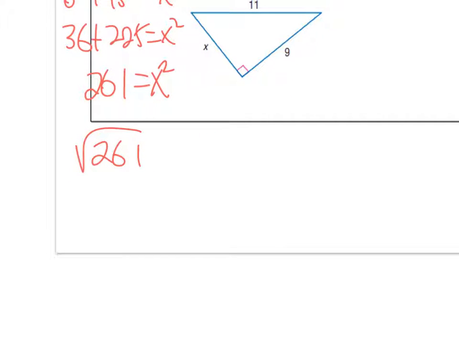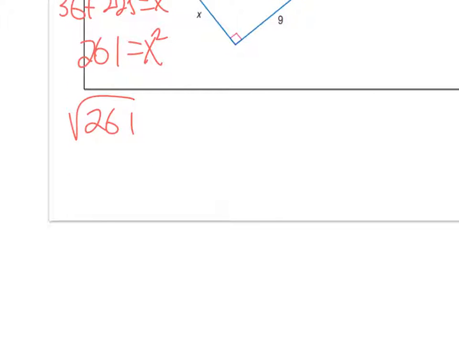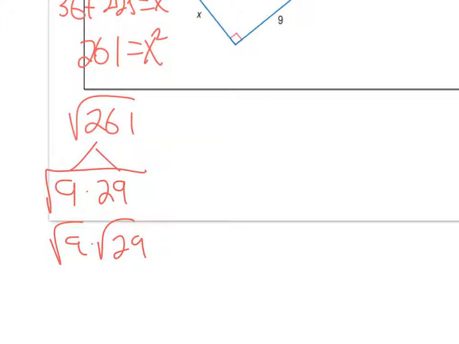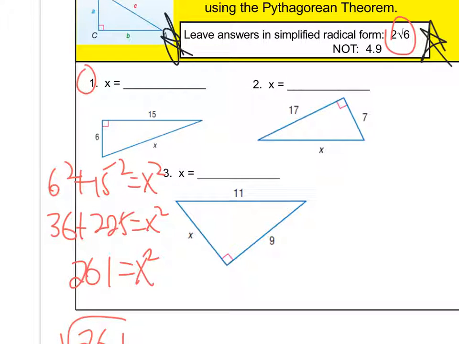What I start doing then is trying to divide by things that are perfect squares. So I want to try and divide by 4, 9, 16, things like that. And I figured out that 261 can be split into 9 and 29. So I take the square root of 9 times the square root of 29, which is just going to be 3 square root of 29. So there's my simplified answer, 3 square root of 29.